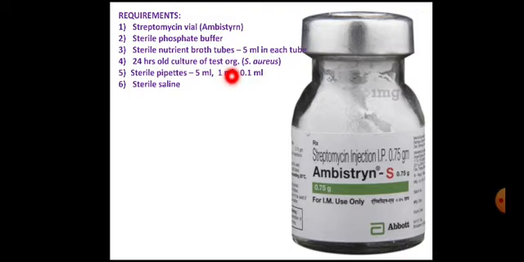Here we will be determining the minimum inhibitory concentration of streptomycin for Staphylococcus aureus, the gram-positive bacterium. We'll also need sterile pipettes and sterile saline.